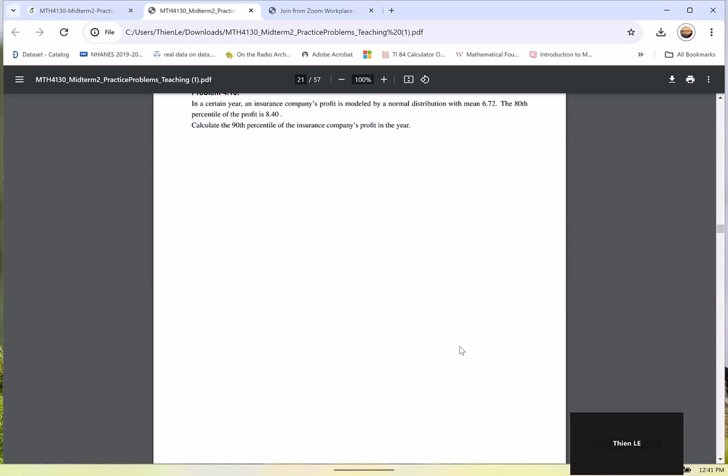In a certain year, an insurance company's profit is modeled by a normal distribution with mean 6.72. The 80th percentile of the profit is 8.4. Calculate the 90th percentile of the insurance company's profit in a year. So we want to find the 90th percentile value, the value where the probability x less than or equal to p90 equals 0.9. So how do we do that here?